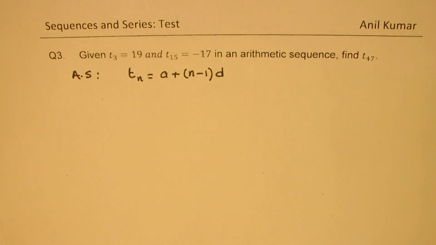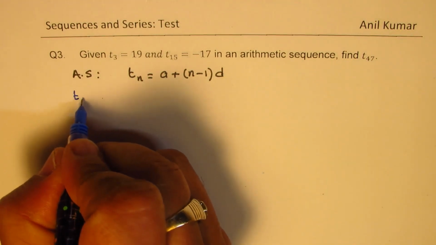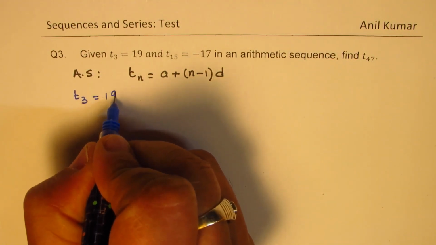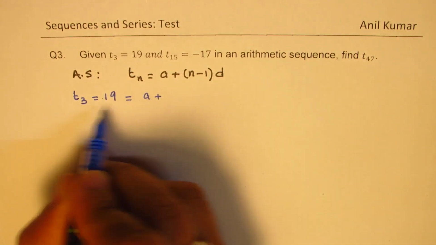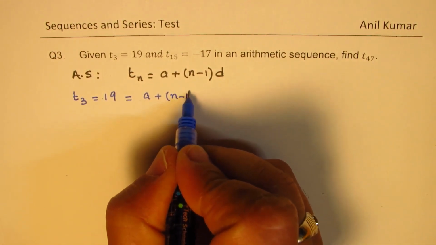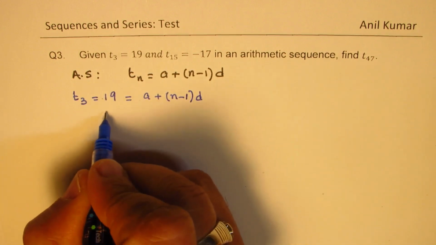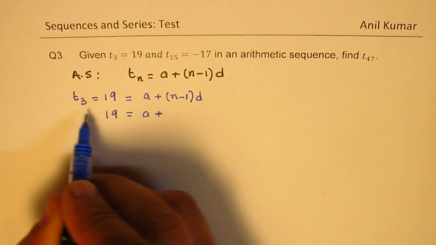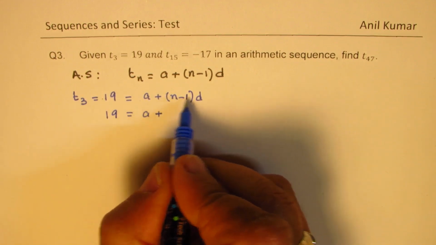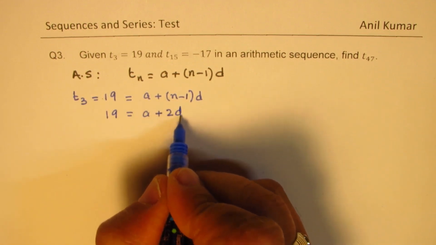When you are given that T3 equals 19, we could write T3 as a plus 3 minus 1 times d, or 19 equals a plus 2d, correct?